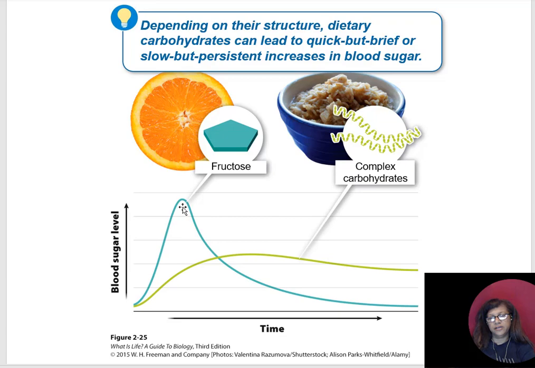So I'm going to get to the energy really fast, and over time, I'm going to run out of fructose molecules to break down, right? And so the blood sugar levels are going to start to go down. So I get this high spike, and then it starts to go down pretty quickly. And that's drinking something like orange juice, which has quite a bit of fructose in it. However, if I eat something that's a complex carbohydrate, like this bowl of oatmeal, right?